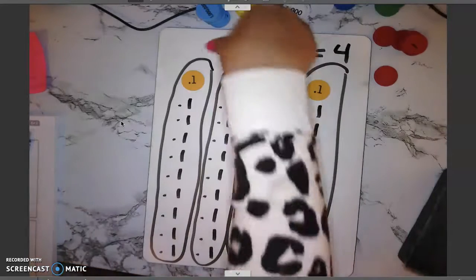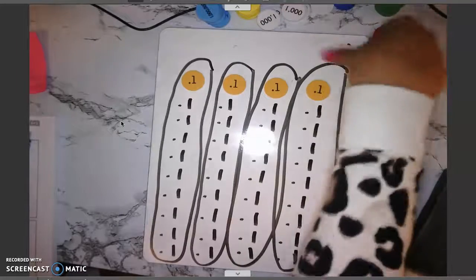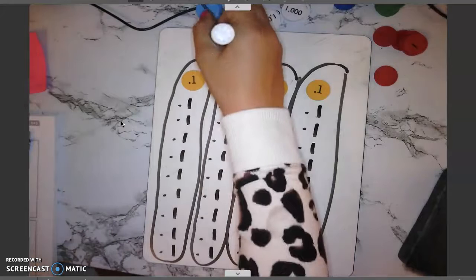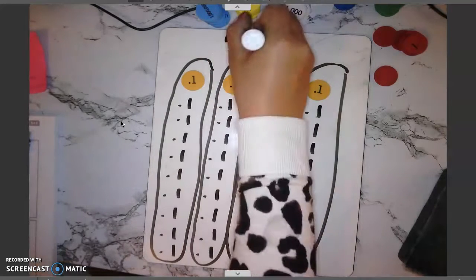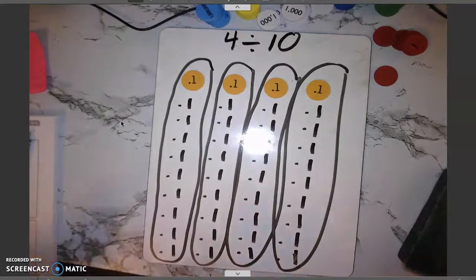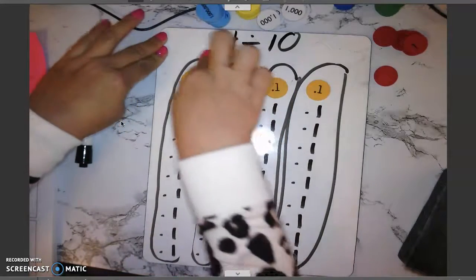Now, if I wanted to change my equation, instead of having 4 tenths times 10, what if I had 4 wholes divided by 10? Now, I'm going to erase my grouping lines here.